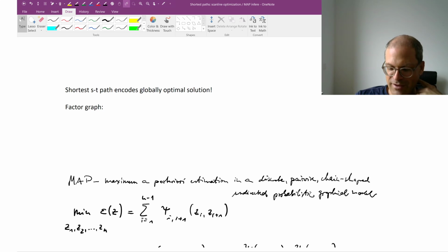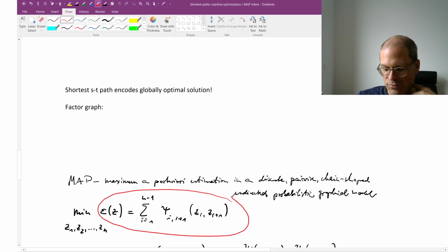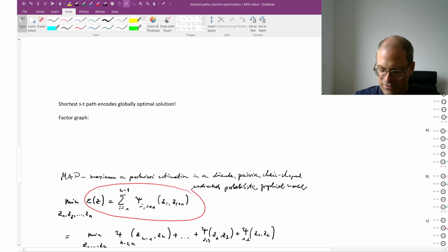And the kind of problem that we had up there was essentially of the form, if I absorb the unaries in the pairwise terms, then the problem above is really this one here. Well, we have a sum over many pairwise potentials, and then here Z would be the state.